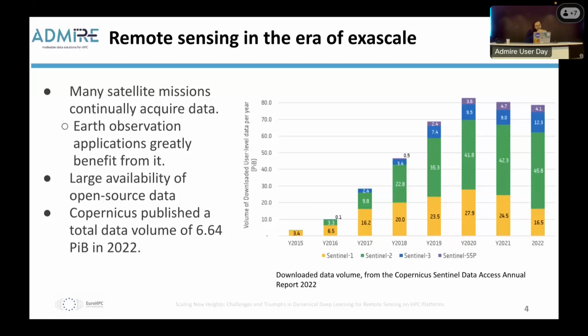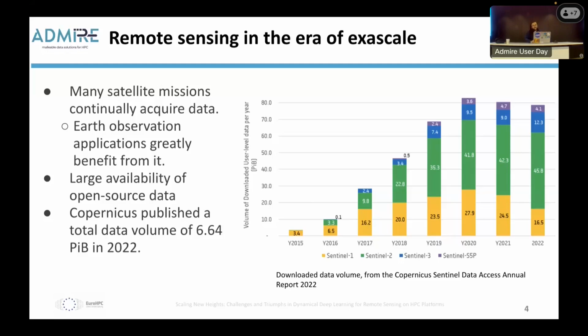So the fact is that there has been a clear trend in the availability of data throughout time in the last decade. Here I reported just a figure of the European project Copernicus, that is a monitoring program of the European Commission.